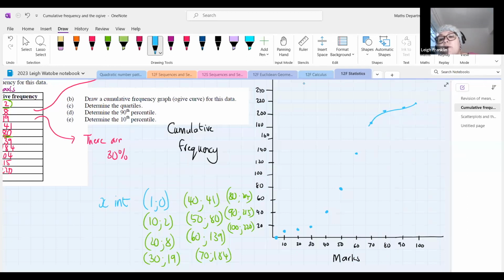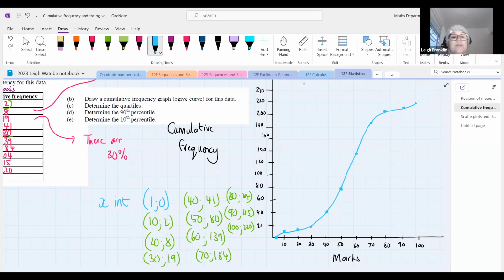Oh, I missed this point over here, which is not great. I'm going to try and go through all these points as neatly as I can. Whoopsie. And there we go. So that's what you do when you draw a cumulative frequency curve.